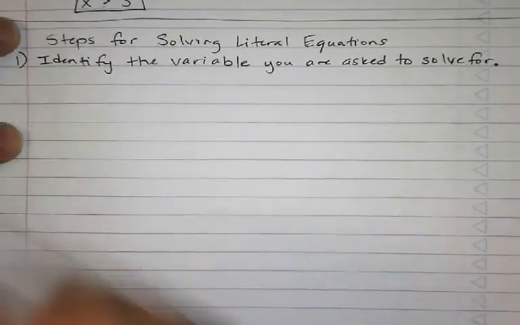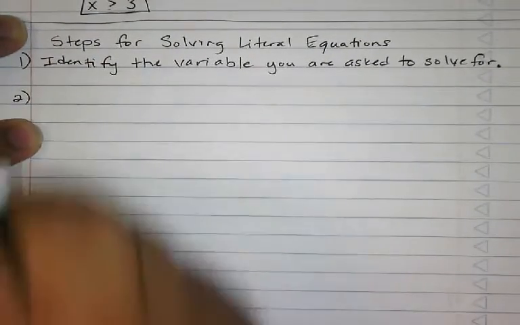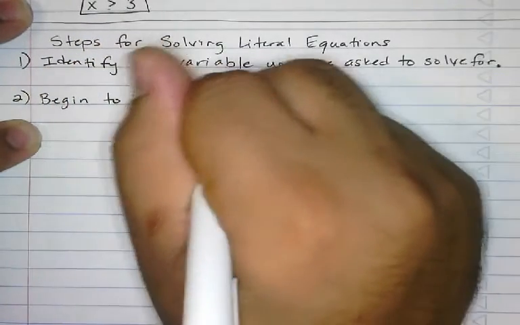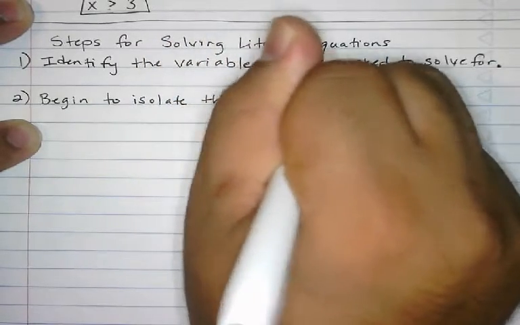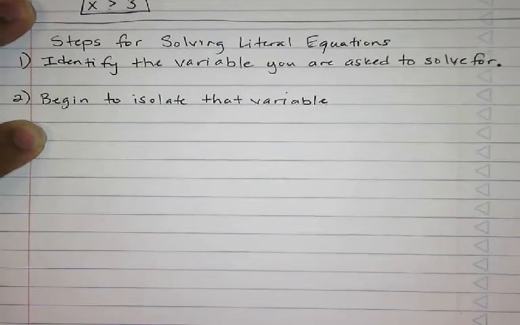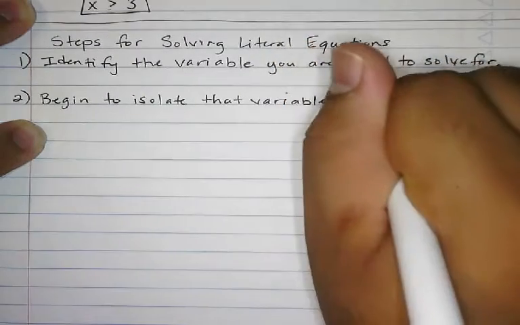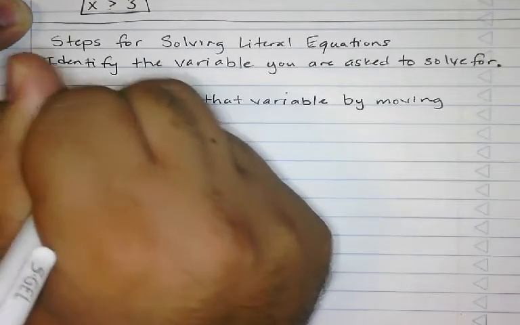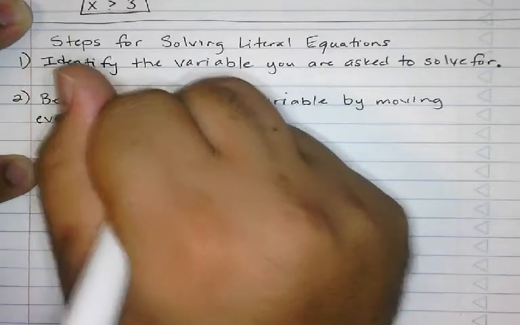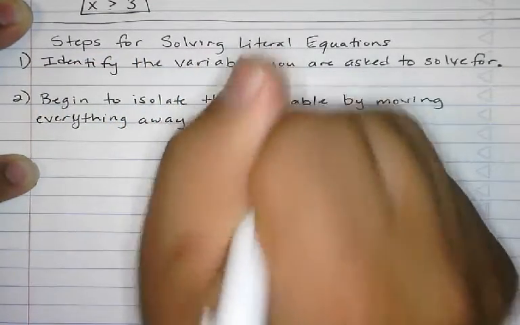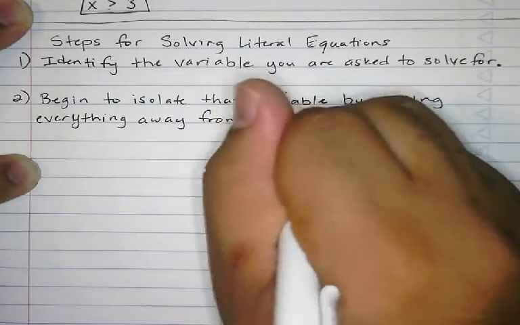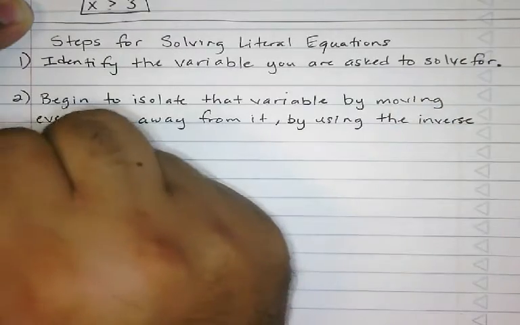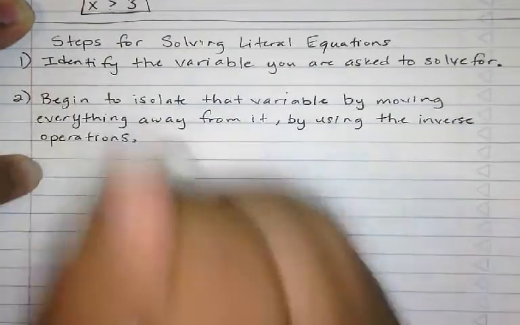All right. Second step. You want to begin to isolate that variable by moving everything away from it by using the inverse operations.